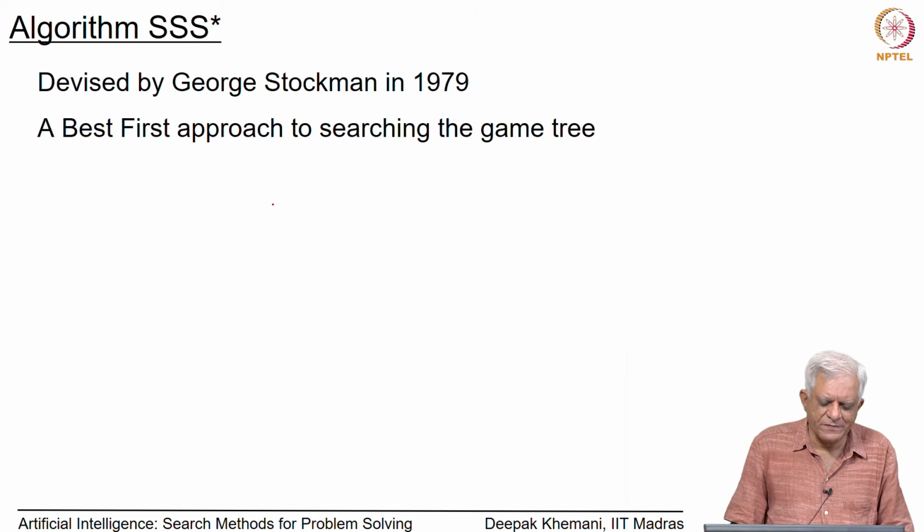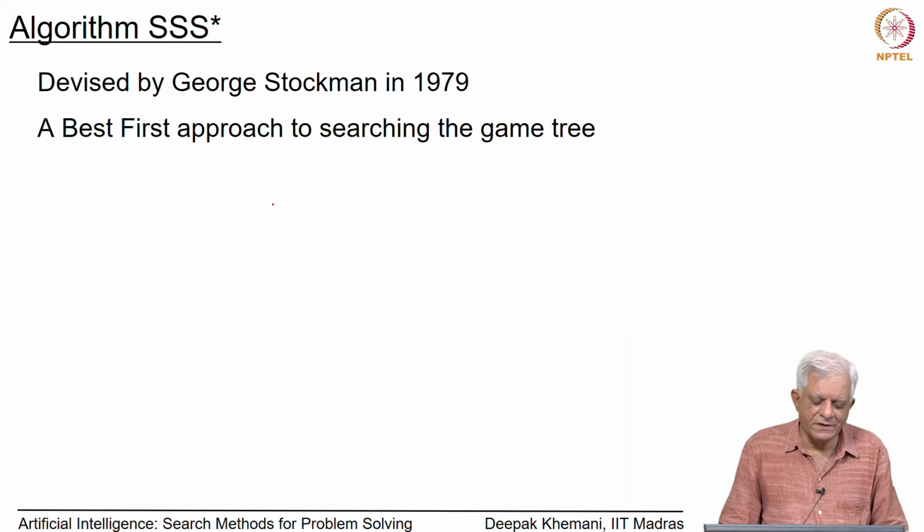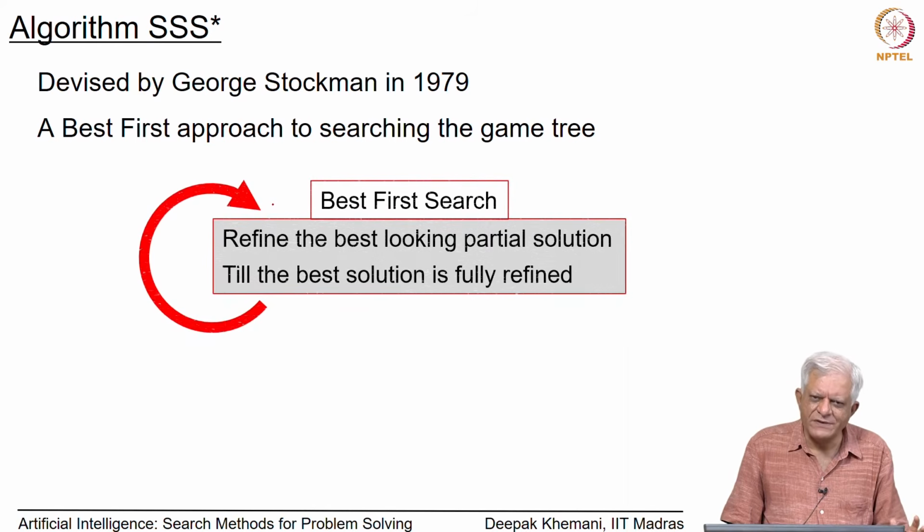This is an algorithm called SSS star. It was devised by George Stockman in 1979, relatively much later in the game playing world, where alpha beta was discovered many years ago. It is a best first approach to searching the game tree, and it works as follows, which is our idea of heuristic search in general: refine the best looking partial solution till the best solution is fully refined.